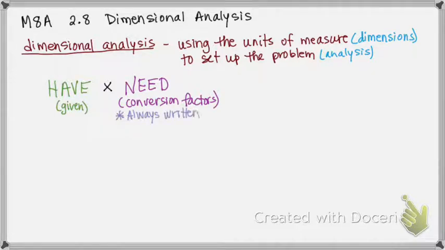Because what we're going to do as we set up is we're going to take the label we have, we're going to eliminate it by multiplying by a conversion factor that has a matching label at the bottom, leaving the label we want on top. Okay, so always written as fractions.